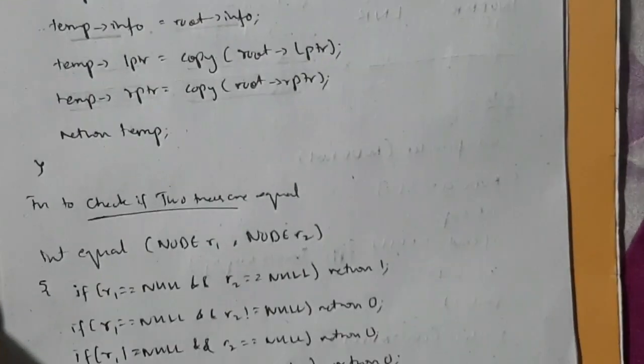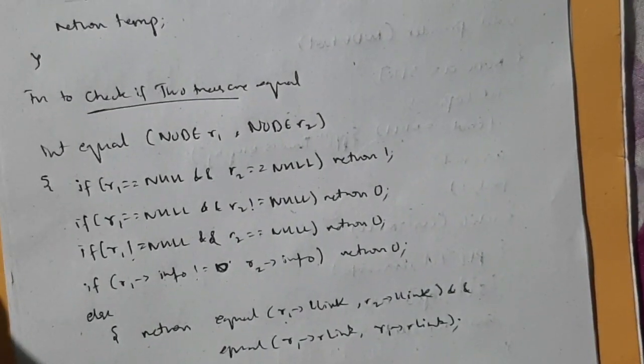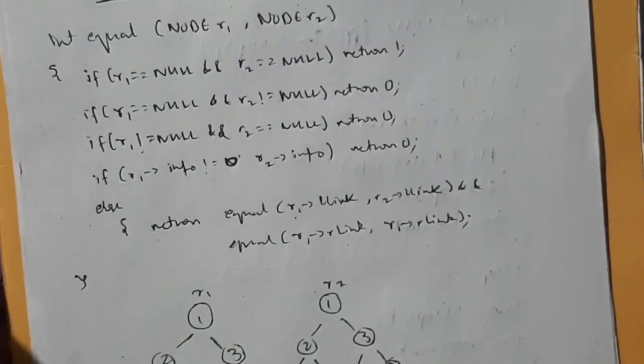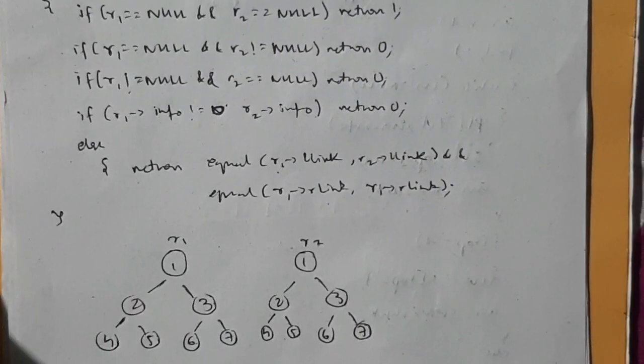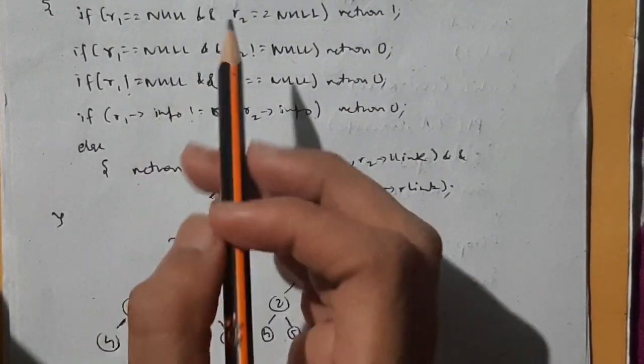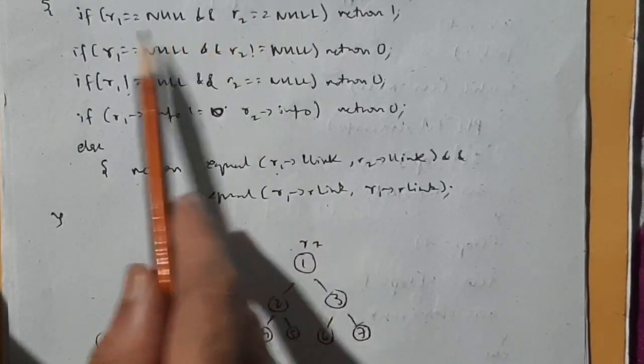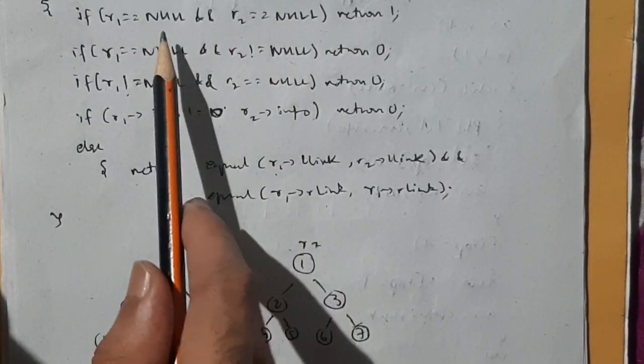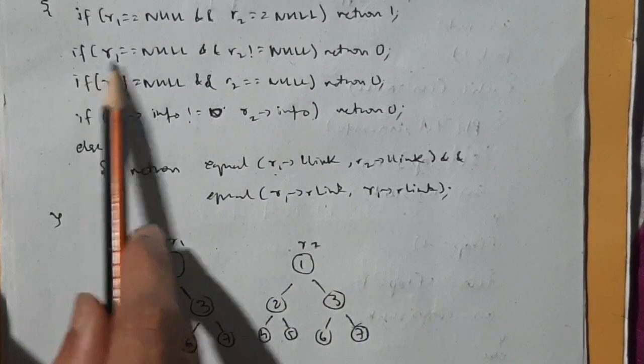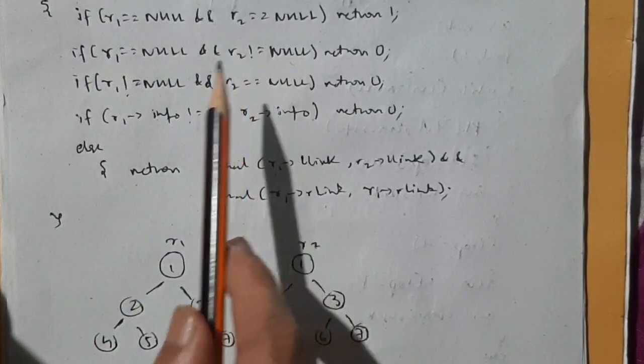Another function here is to check if 2 trees are equal. Okay, see, if 2 trees are there like R1 and R2, first we will check if R1 and R2 both are null, means there is no tree, so both are nothing. Okay, means that is equal. If R1 is null and R2 is not null, they can't be equal.